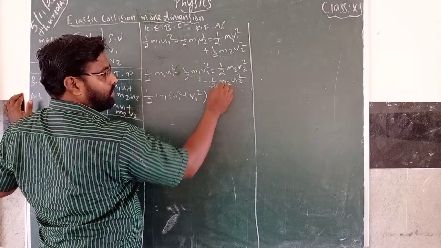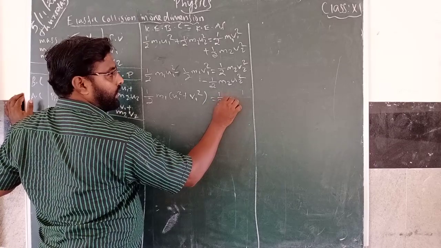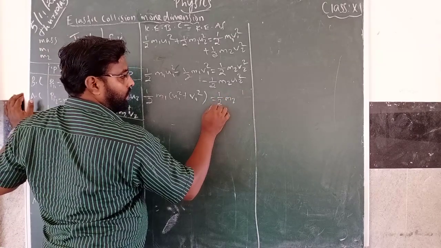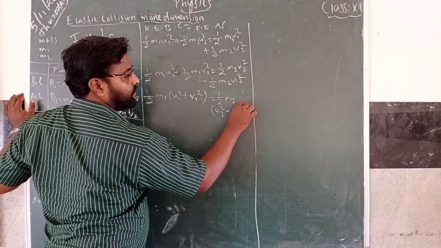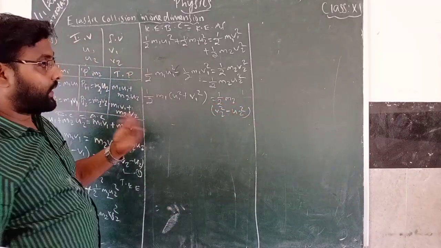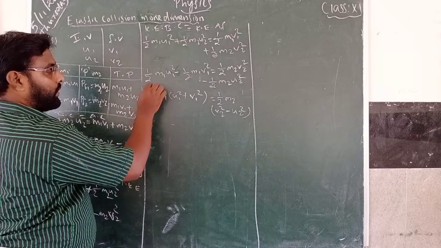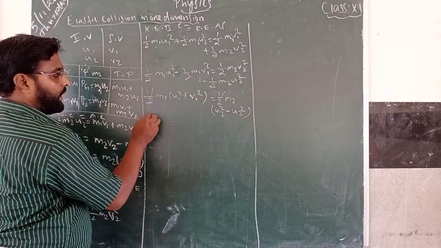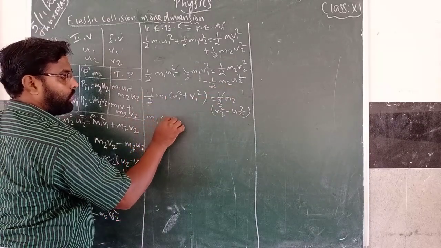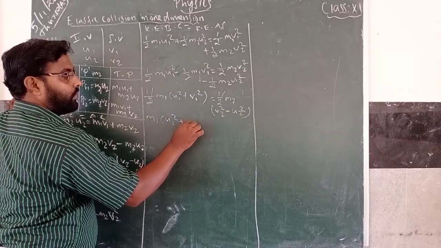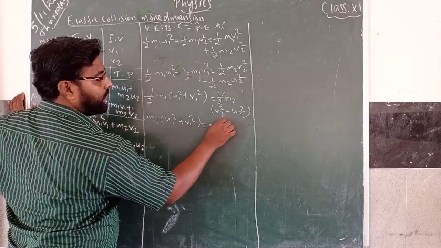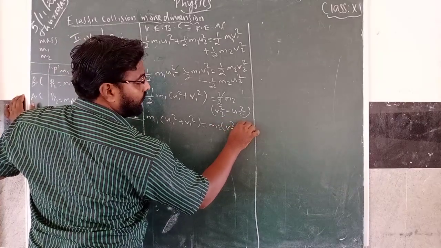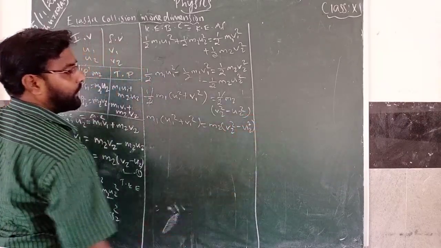So equal to half m2 into v2 square minus u2 square. Here half m2 taken outside. Now cancel this half and half. Remaining m1 into u1 square minus v1 square equals m2 into v2 square minus u2 square.